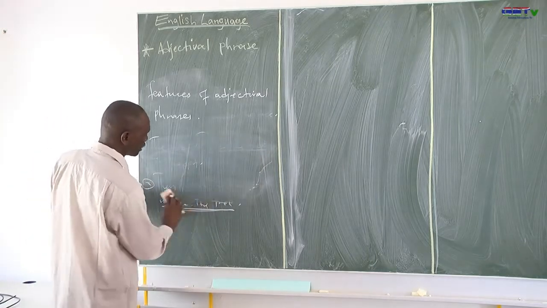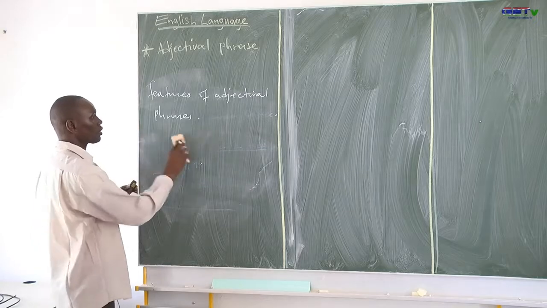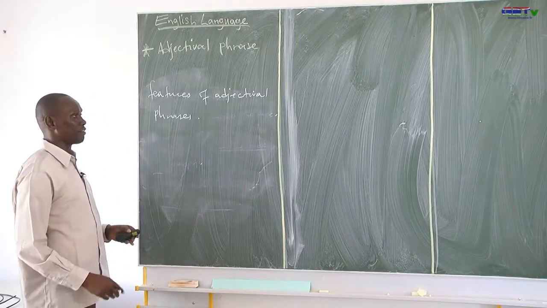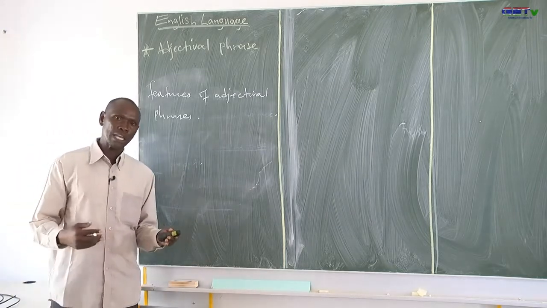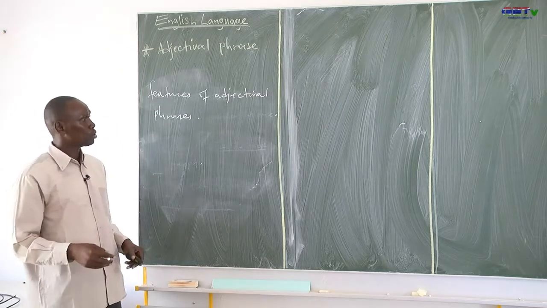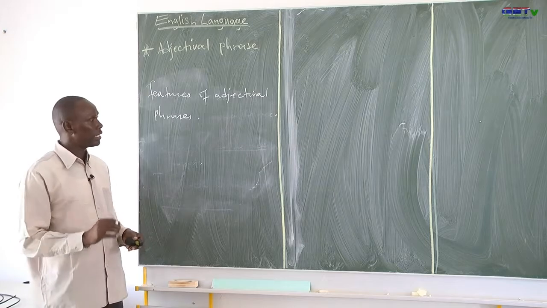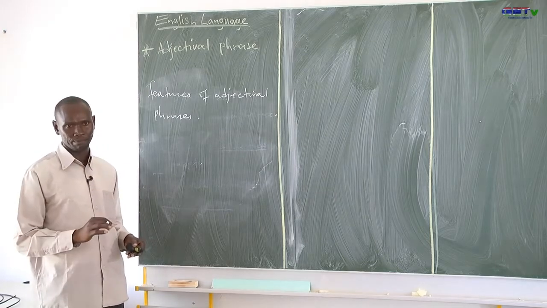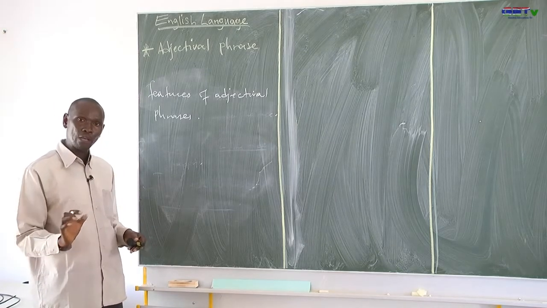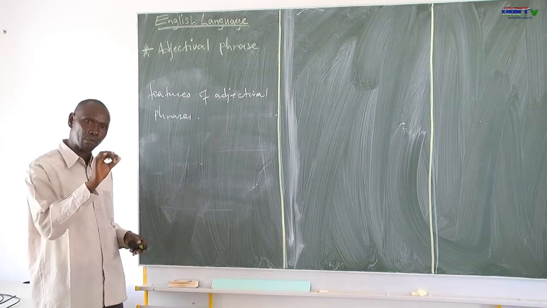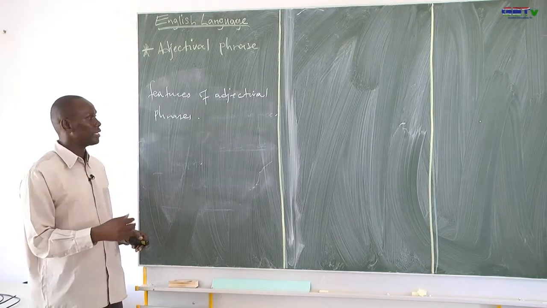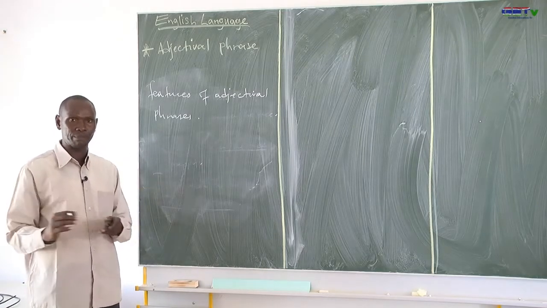Now, just as we discussed last class, features of adjectival phrases. Sometimes we find it difficult to identify some of these things because we may not know things that are unique to some of them. Not only by looking at the role a particular phrase plays, but sometimes there are things associated with some of them.